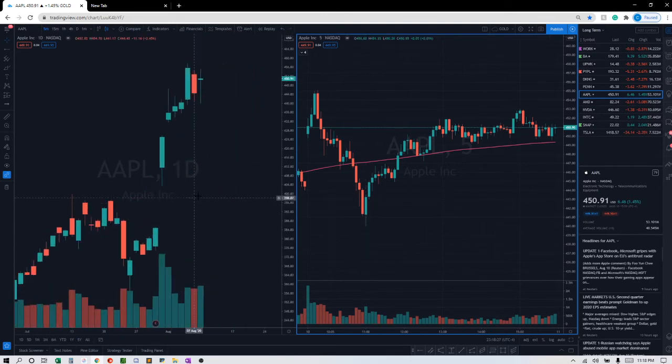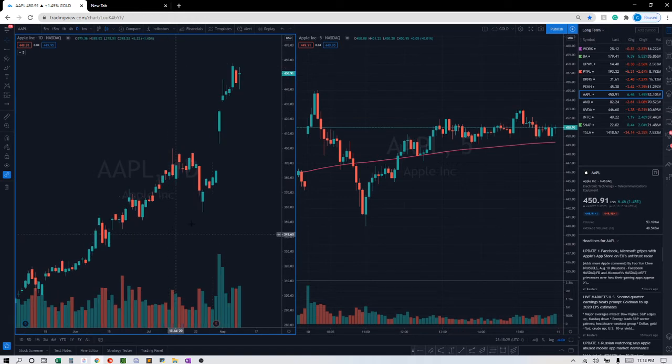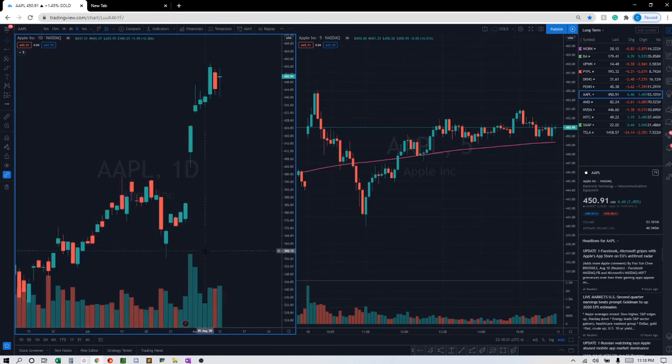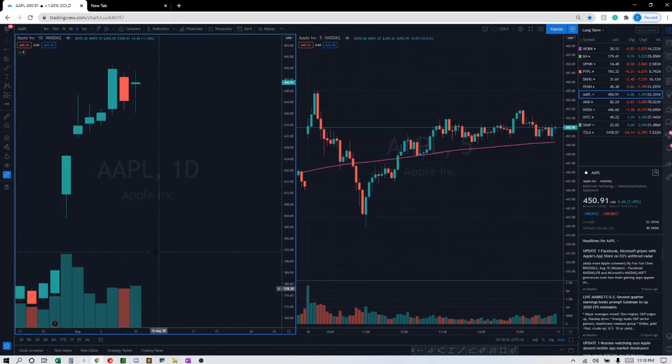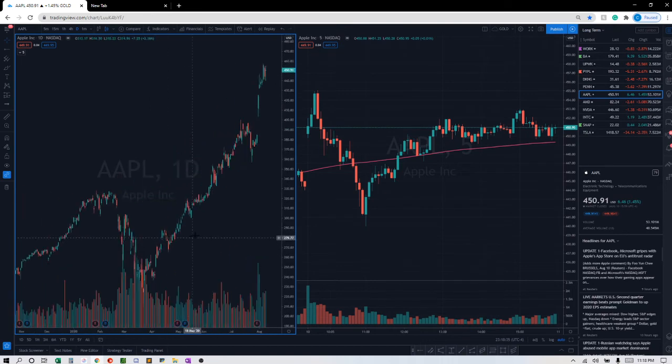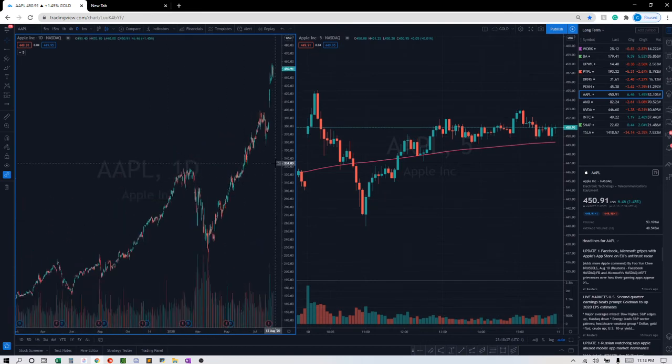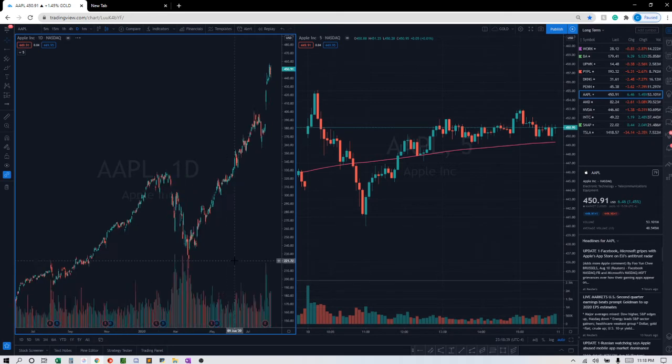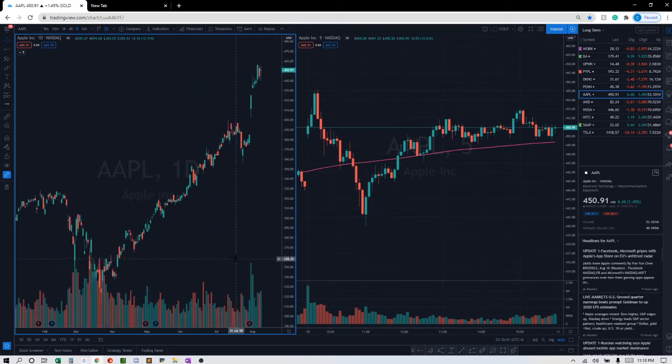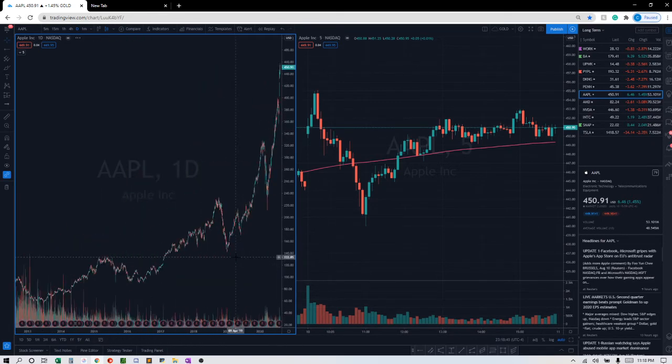But it's good to zoom out and see here on the 1 day. A lot of people who obviously trade every day know where Apple is at today, but going with any other stock that you're looking at, seeing where it is in relation to where it's been in history is a really good idea.